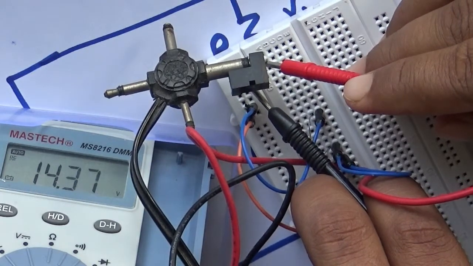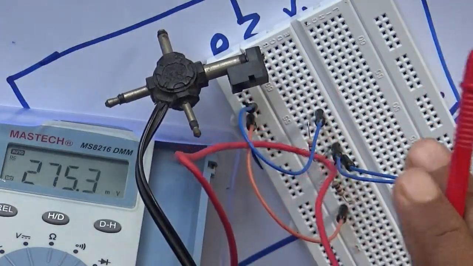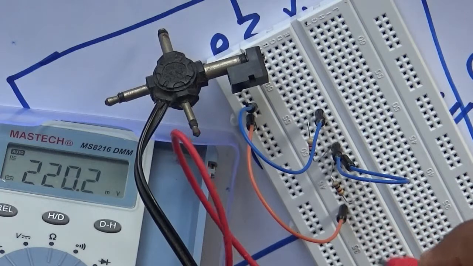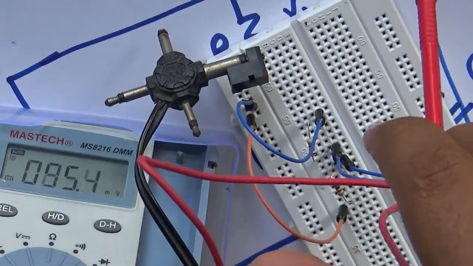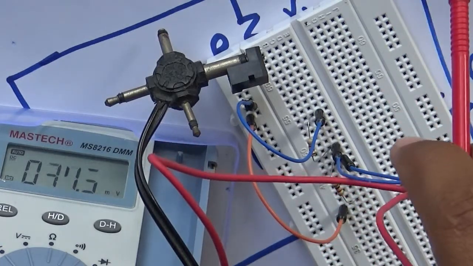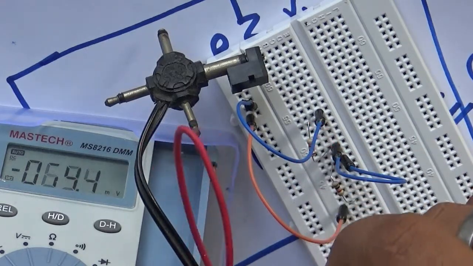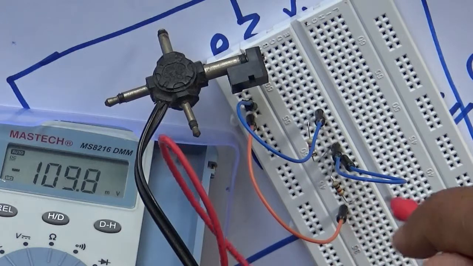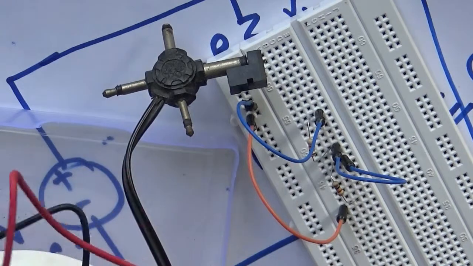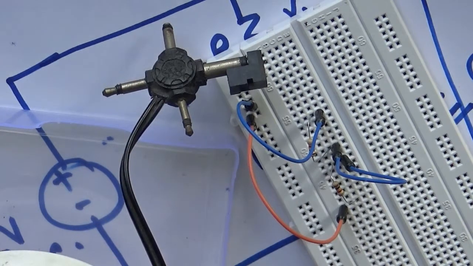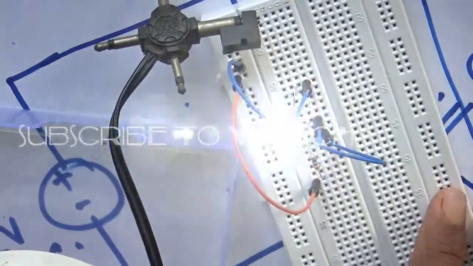It's 14.3. Nearly, by the voltage divider method we can split the 14 volts into two voltages, V1 and V2. V1 is 7 volts and V2 is 7 volts, and it is very easy to create a voltage split in the circuit. Okay, thanks for watching.